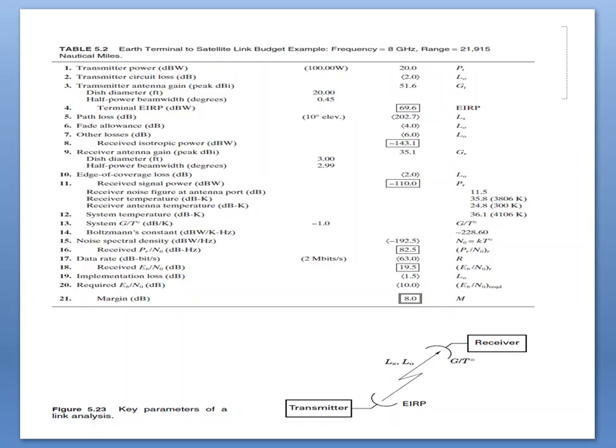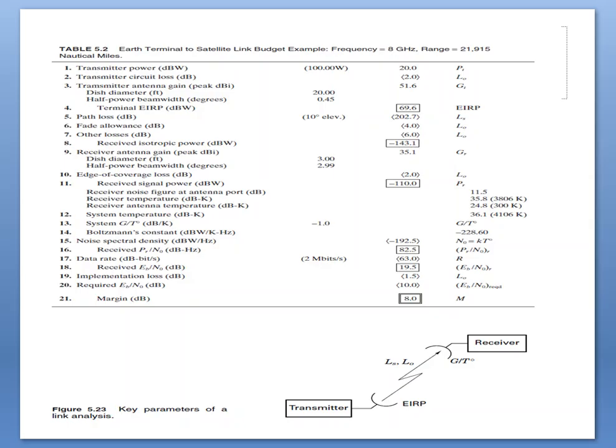The data rate is listed in dB bits per second. Since Eb/N0 is equal to P/N0 divided by R, we need to subtract R in decibels from the P/N0, also in decibels, and consider Eb/N0 equal to 19.5 dB.